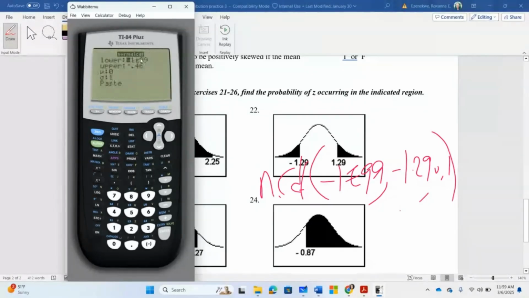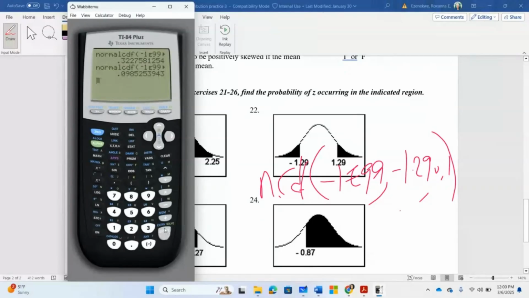The negative infinity is already here. And I am going to put in negative 1.29. And then the mean is 0, standard deviation is 1. I am going to calculate. So what is that area? The area is 0.098.